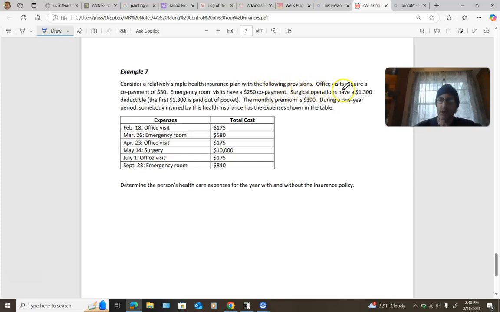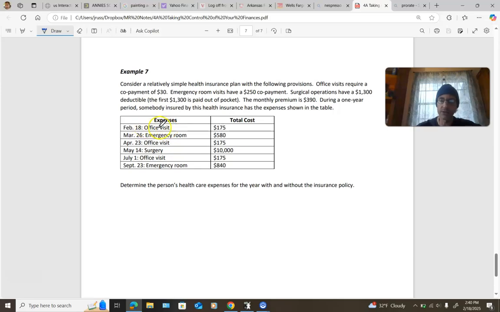And then it says surgical operations have a deductible of $1,300. Okay, so in other words, you're going to have to pay that $1,300. And then the monthly premium is $390. So it says during a 1-year period, somebody insured by this health insurance plan has the expenses that are shown in this table.